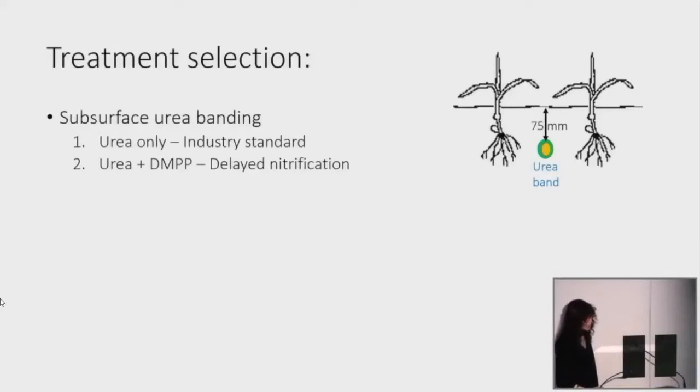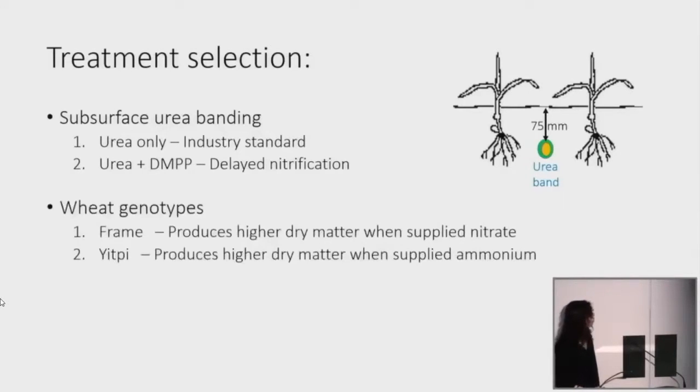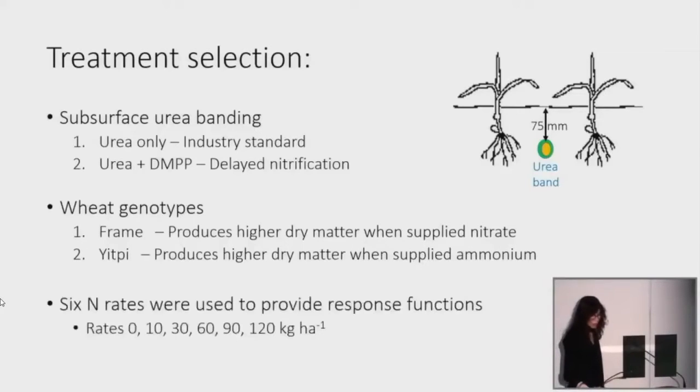The treatments selected were subsurface urea banding, which included urea only as the industry standard, and urea plus DMPP to delay nitrification, two wheat genotypes, Frame and Eastby, and I chose a range of different nitrogen rates to develop response functions.